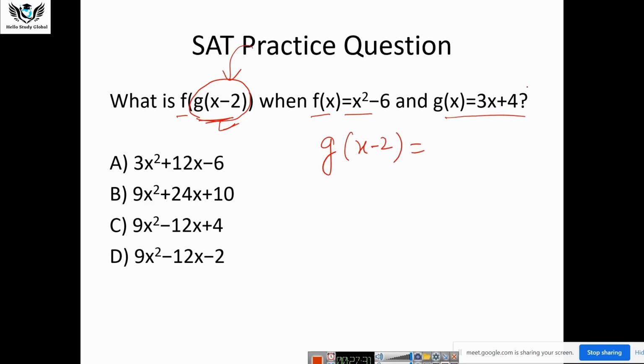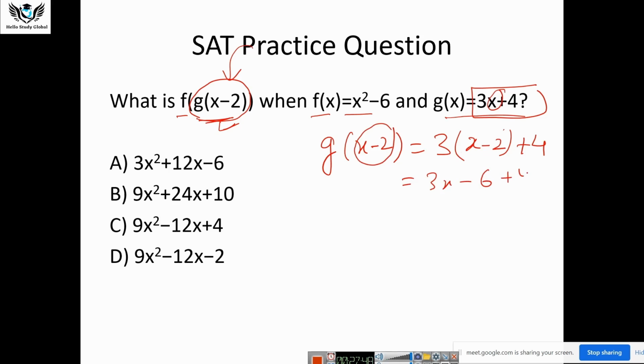So g function is 3 times the input plus 4. Now instead of taking input as x, we have to take input as x minus 2, right? So what do we get? 3x minus 6 plus 4, that is 3x minus 2.